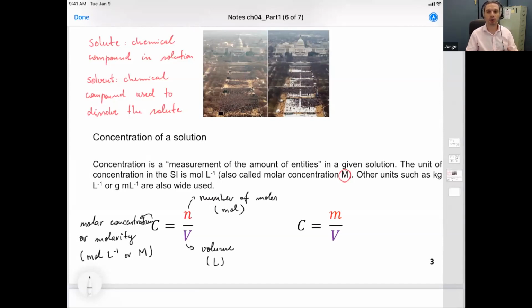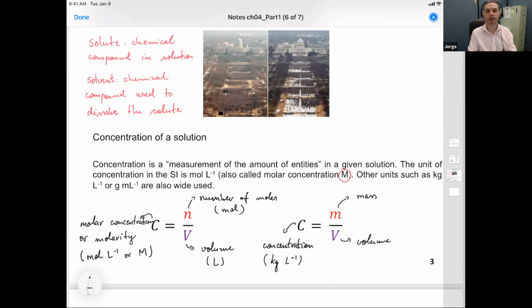Molarity is not the only way to represent the concentration of a solution. Other ways to represent concentration use other units, such as kilograms per liter or grams per milliliter. And then we just represent that as a concentration. Here it can be kilograms per liter, for example. So it's always going to be mass over volume. Therefore, M stands for mass and V stands for volume.